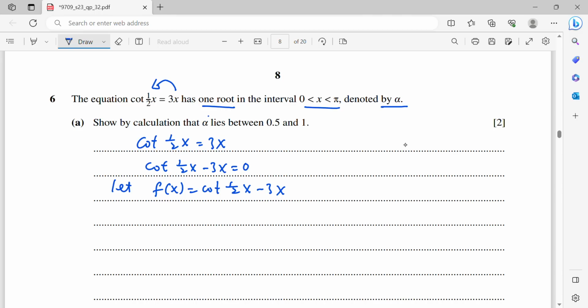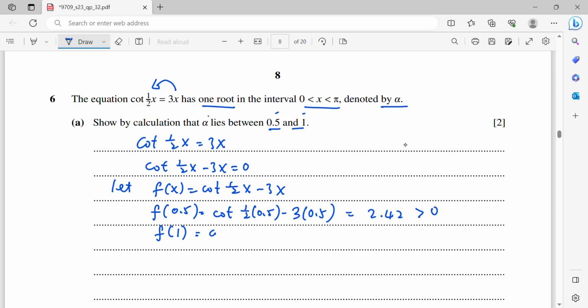Then I will let the left hand side be f(x). To prove that alpha lies between 0.5 and 1, now I will replace the x by 0.5. Then here will be cotangent half times 0.5 minus 3 times 0.5. When you compute this value, remember to change the mode of the calculator to radians. So here it will be 2.42, which is greater than 0. Then next is f(1), because we want to show it's between 0.5 and 1.